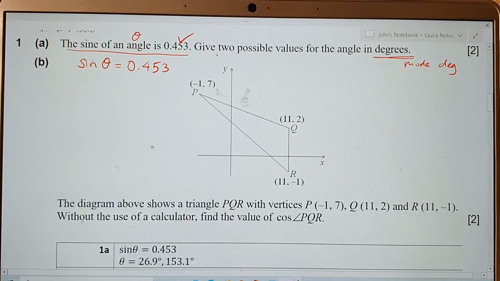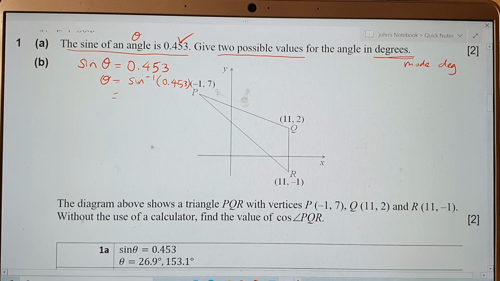Now, the confusing thing is, I think some of you don't know why there are two possible values for this. When you use the calculator to find this angle theta, you sine inverse both sides. The sine will disappear, and on the right hand side you will have sine inverse of 0.453.